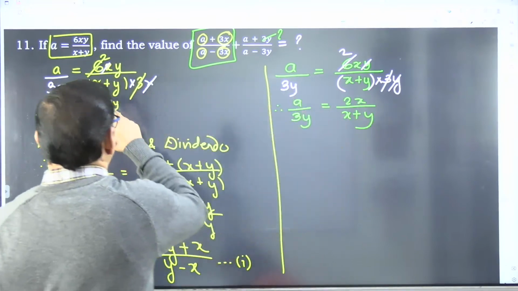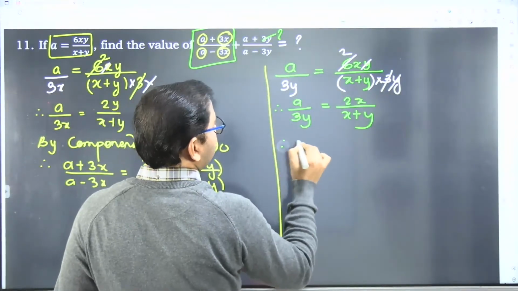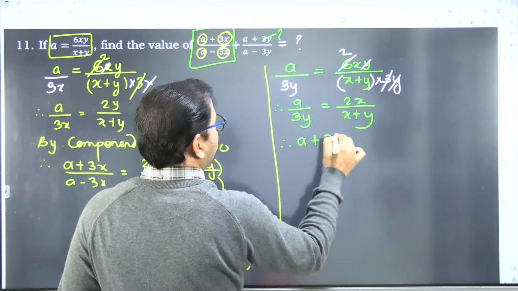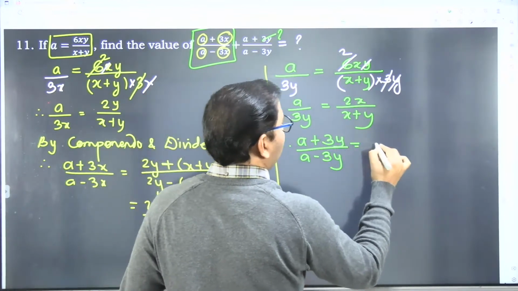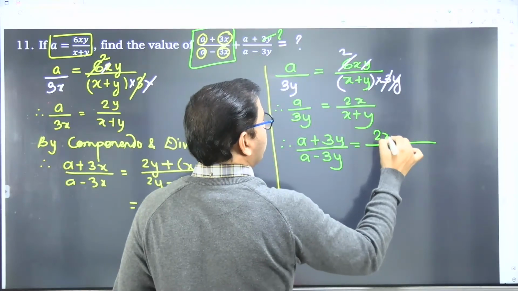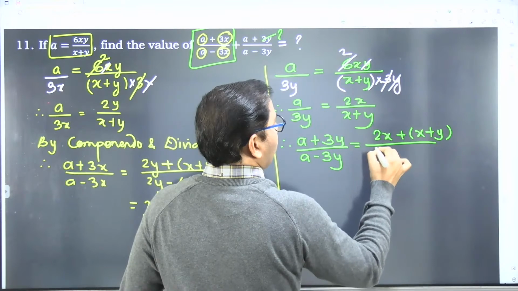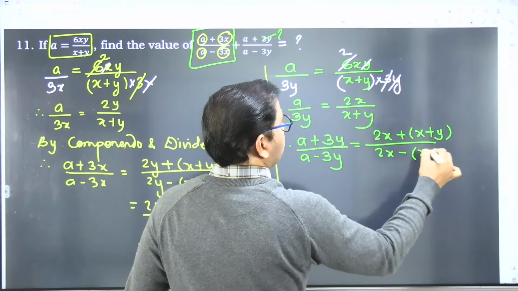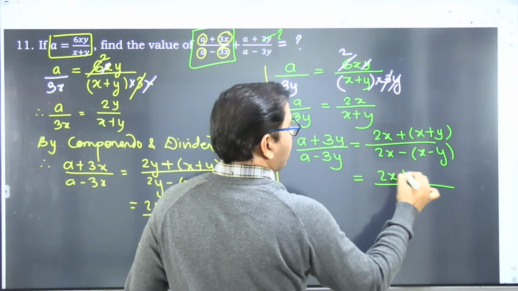Compare, almost the same; it is either y or x, everything else is the same. Again componendo and dividendo: a plus 3y upon a minus 3y, numerator plus denominator upon numerator minus denominator. When I open the bracket with the plus sign, there is no change.